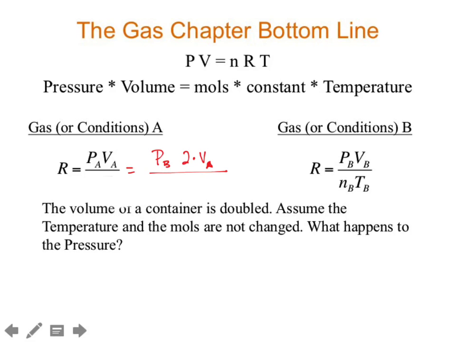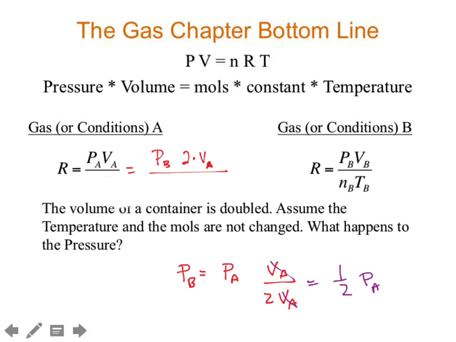And I could now solve for pressure B. Pressure B would be equal to pressure A times VA over 2 times VA. What happened to our pressure when we doubled the volume? It got cut in half. It is now half as large.